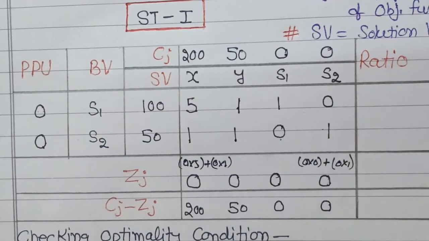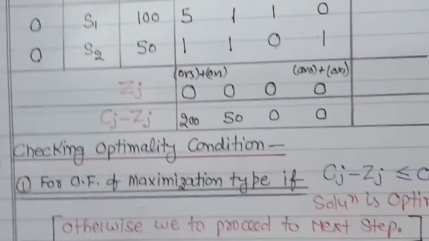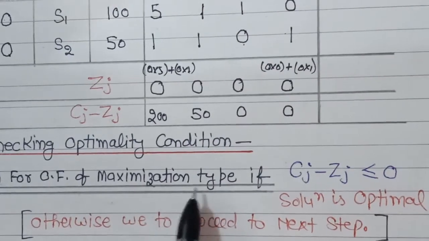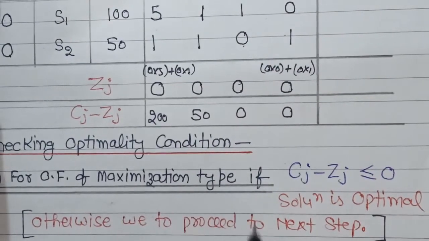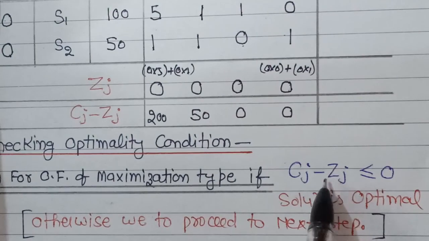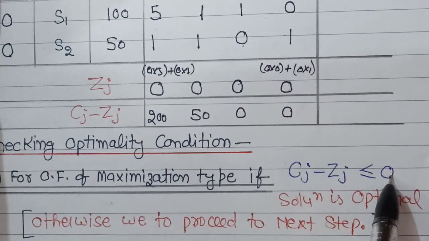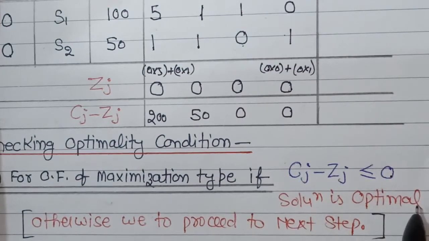Now we have to check for the optimality condition. If the optimization function is of maximization type, we have to check the value of Cj minus Zj, and if all the values of Cj minus Zj are less than or equal to 0, then the solution is optimal. Otherwise, we have to proceed to the next step.